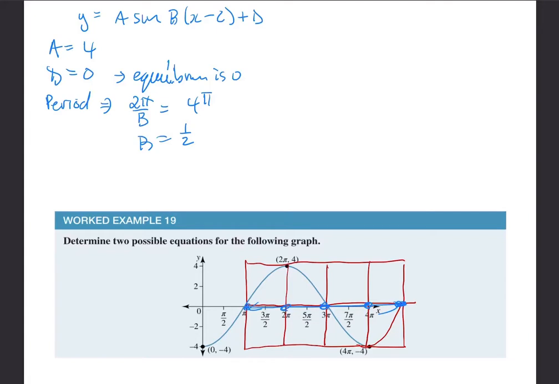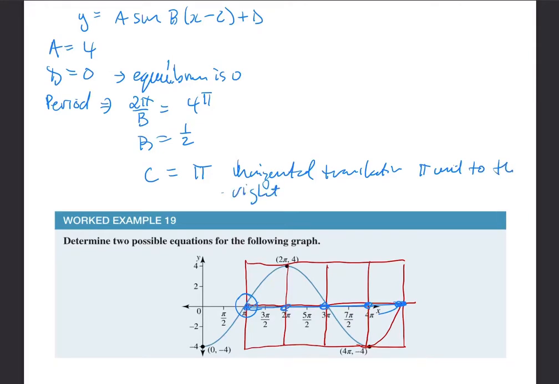What we need to find now is the horizontal movement, and my horizontal movement is where my graph starts. So C equals pi. The reason I say C is pi is because there was a horizontal translation of pi units to the right.